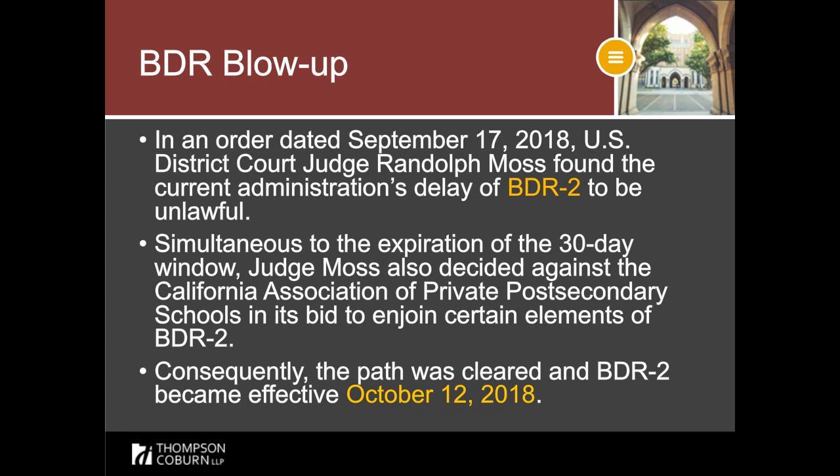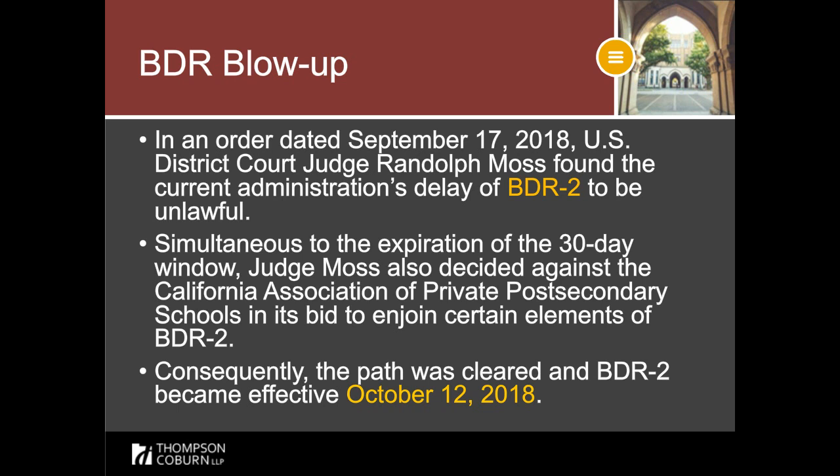Simultaneous to the expiration of this 30-day window, there was a lawsuit out there, some of you are familiar with, by the California Association of Private Post-Secondary Schools, challenging BDR-2, and Judge Moss threw out their effort at that point to enjoin certain elements of BDR-2. So the lanes were totally cleared, right? First of all, the current administration's delay was determined to be unlawful, and then CAPPS's effort to enjoin BDR-2 was also thrown out.